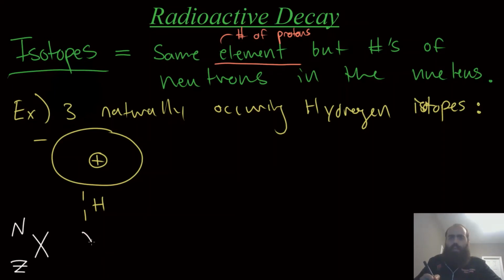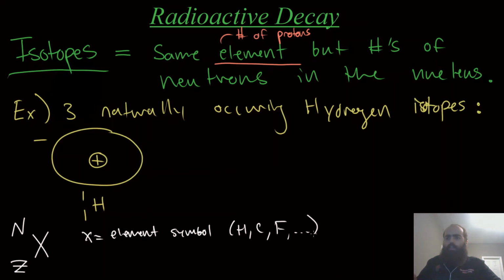X is the element symbol, like hydrogen, carbon, fluorine, etc. N is the number of protons and neutrons, so that's your atomic mass number.